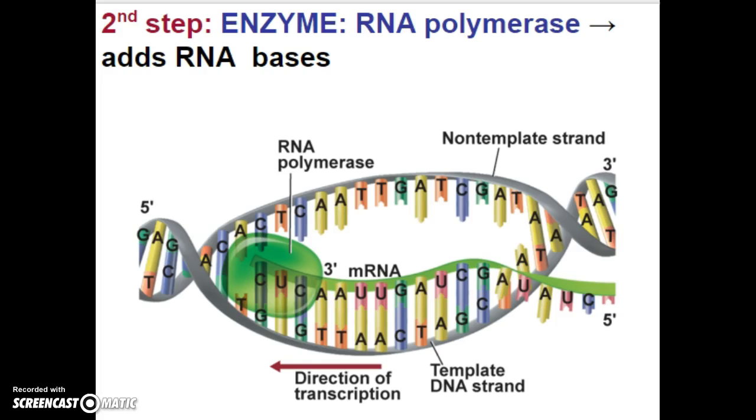And here's where the difference comes in. Remember, uracils are unique to RNA. So if RNA polymerase sees an adenine on the other side of the DNA molecule, it's going to put a uracil across from that. So A pairs with U and C pairs with G for RNA.